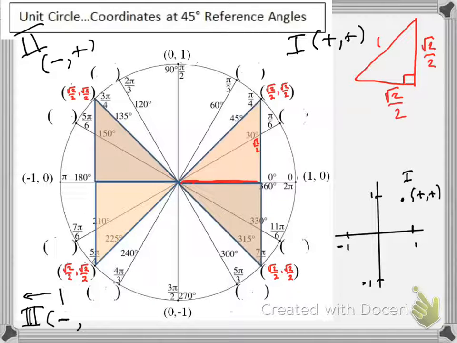My y's are going down, so they're also negative. In quadrant 4, I have my x's going positive to the right, and my y's going negative because they're down. It will help you if you memorize those things, because once I put in all those little root 2 over 2 things, I still need to think about what's positive and what's negative.